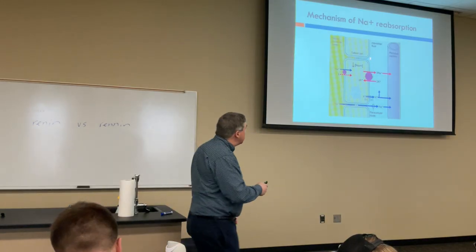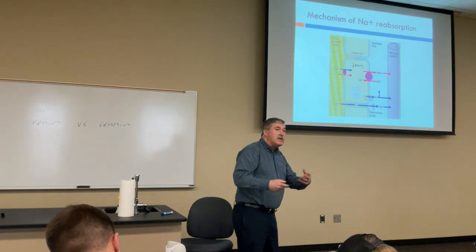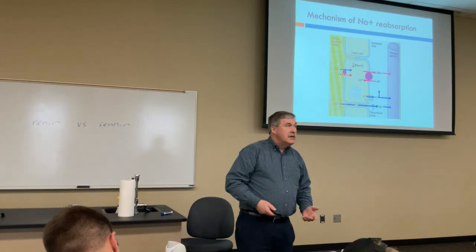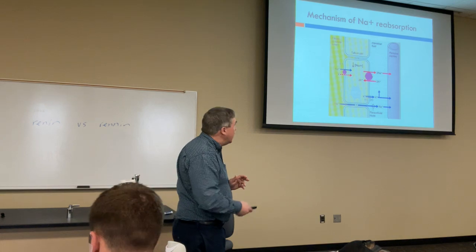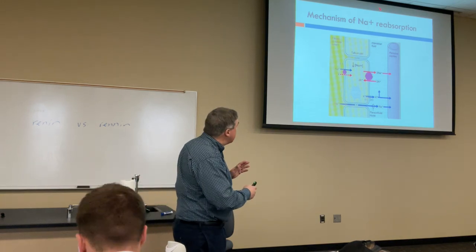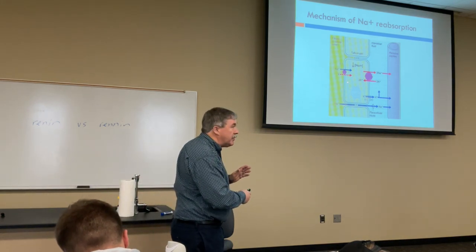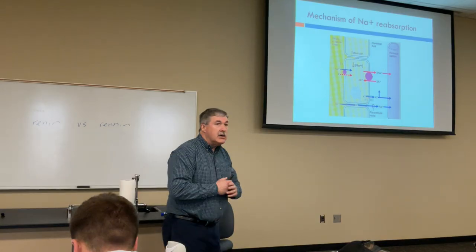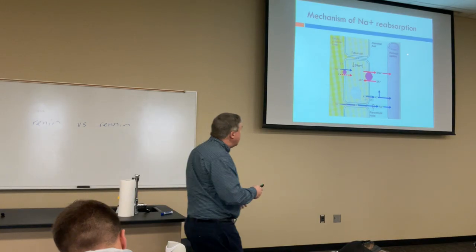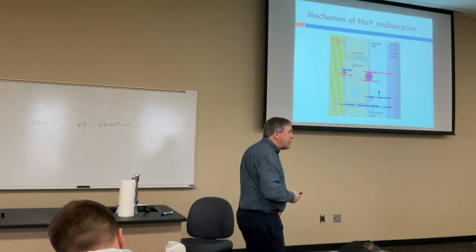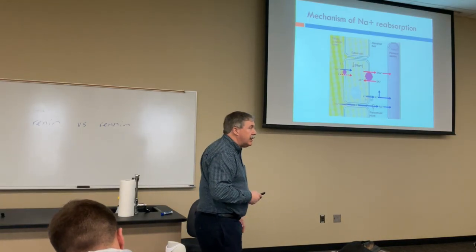Once that sodium gets in the cell, it's then pumped out by the sodium-potassium pumps on the outside of those cells. Okay? And so what that does is it ends up transporting the sodium from the filtrate out into the interstitial fluid. Then that sodium can be picked up by these paratubular capillaries. All right?